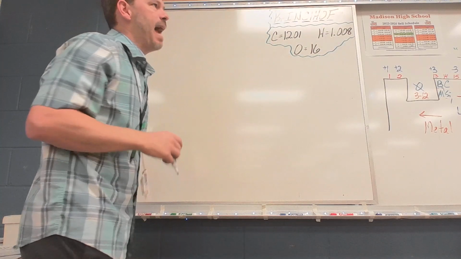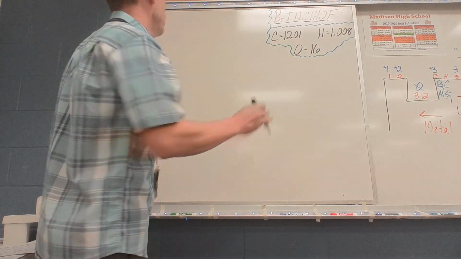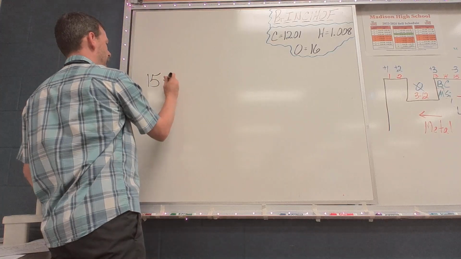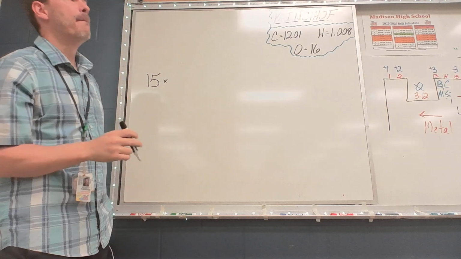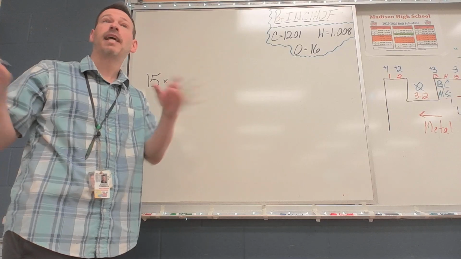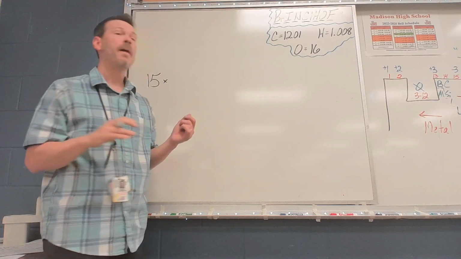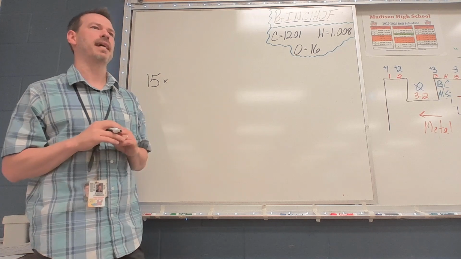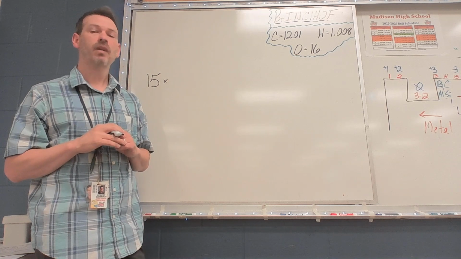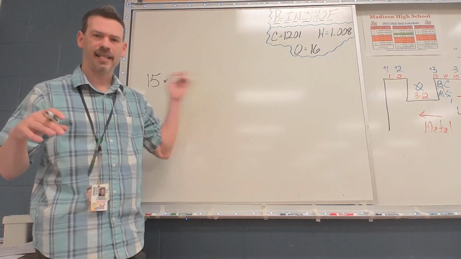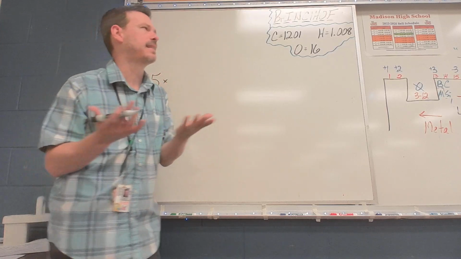Plug and chug. To find average atomic mass, you're going to take the first isotope, which is 15, and multiply it by its percent abundance. But, like you wrote on the previous screen, it has to be the decimal version. How do you turn a percentage into a decimal? Divide by 100 is the answer. What they said was slide the decimal to the left twice. It's the same thing.